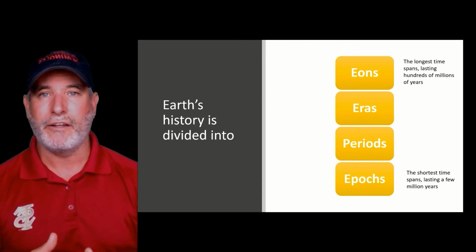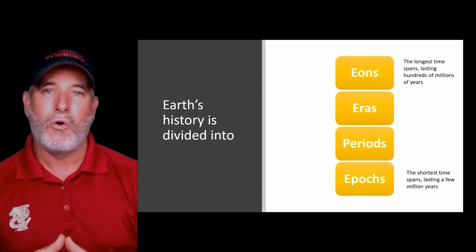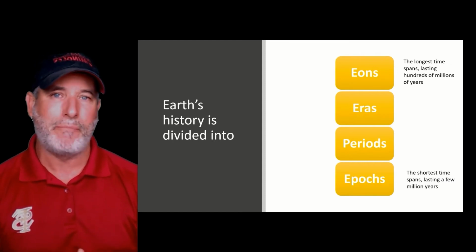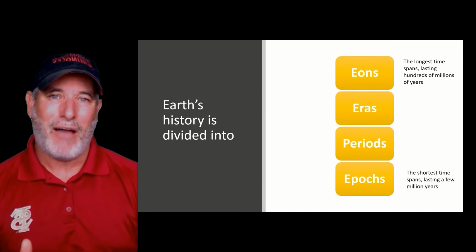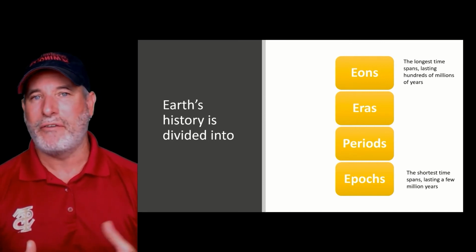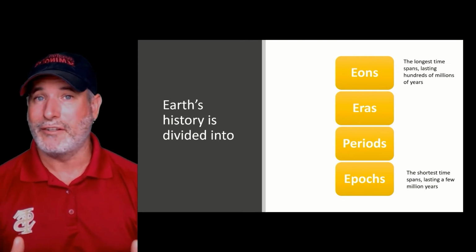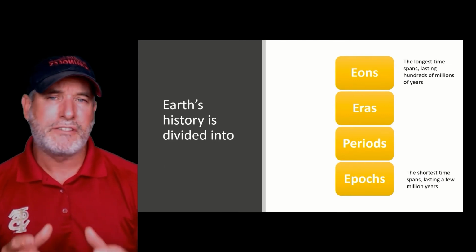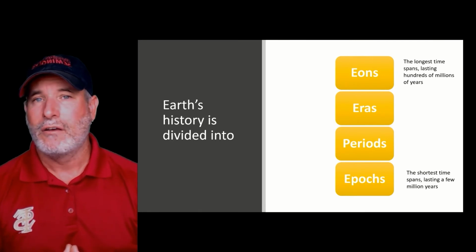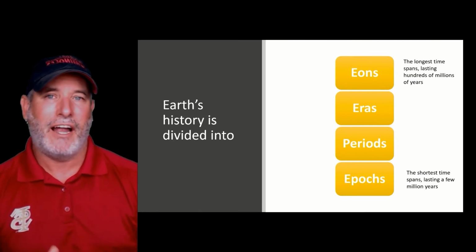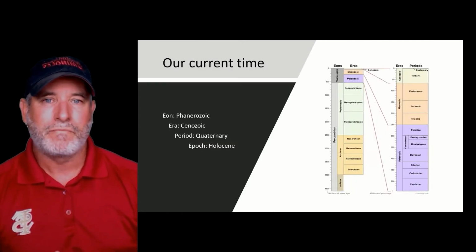The shortest would be the epochs. We are now in the Holocene epoch, the latest one. These last maybe a few million years. We've been in the Holocene for only 11,000 years. The previous epoch before the Holocene was the Pleistocene, and it lasted about 2.5 million years.